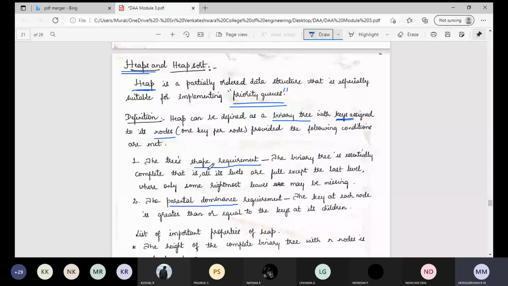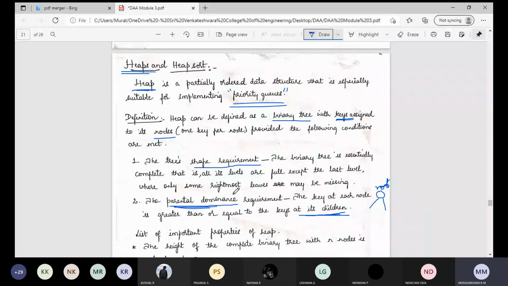Kindly remember the parental dominance: the key at the root node should be greater than or equal to its children. This is one condition we should keep in mind.